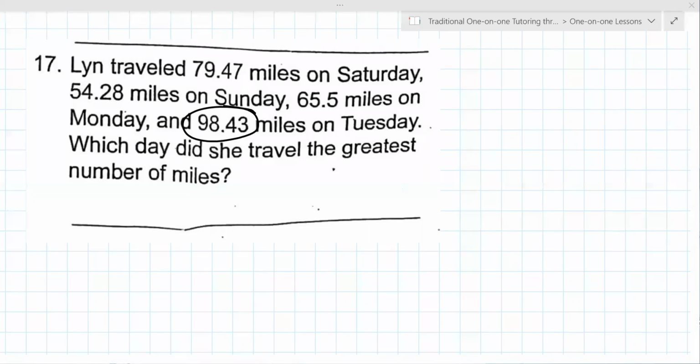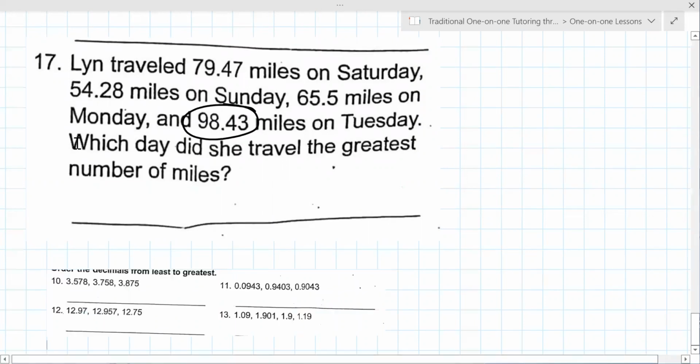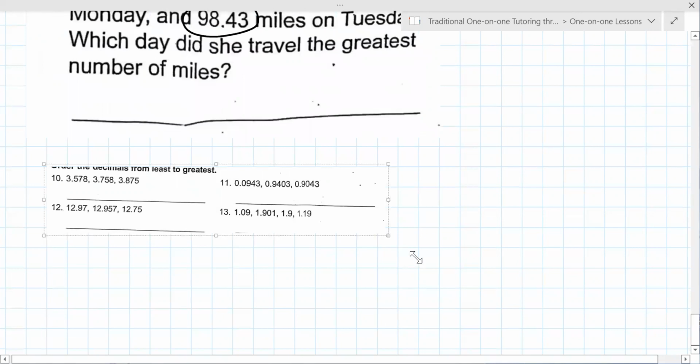Okay, so we should probably look at 10 through 12 or 10 through 13. Would the largest be 3.875?